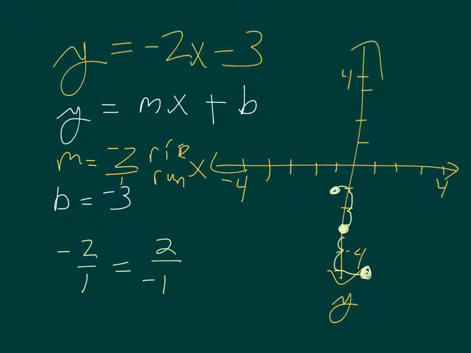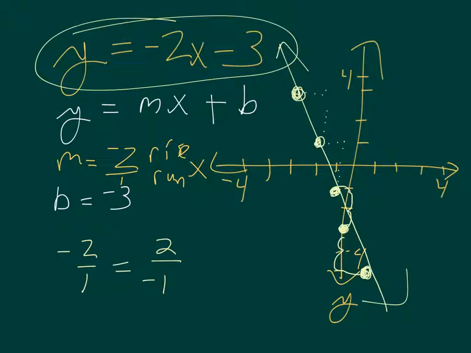And if I'm doing this right, all three of those dots should line up. Now my graph's a little messy. But then I can go up 2 over 1. There's my next point. Up 2 over 1. There's my next point. And then ultimately I have this line that goes through all of those points. And that line is this line right there. And there's my quick review of graphing.